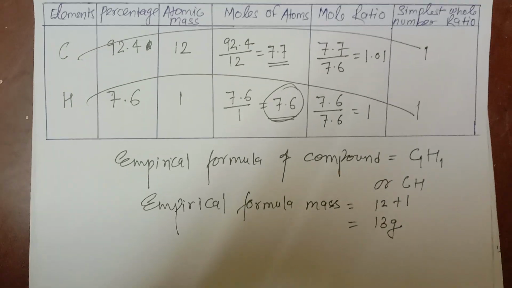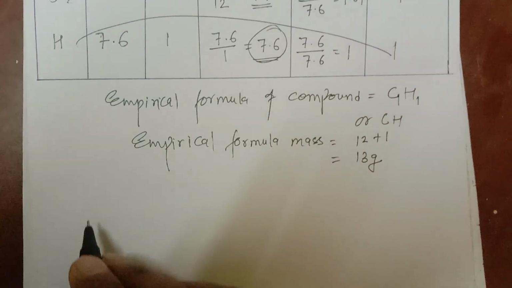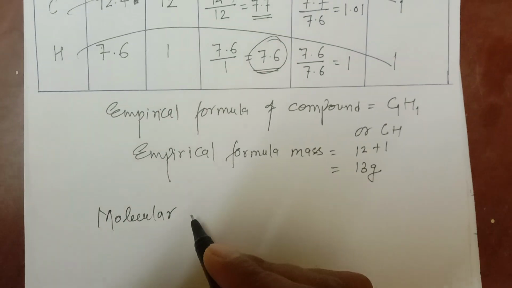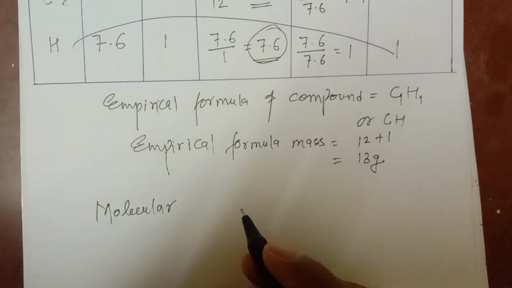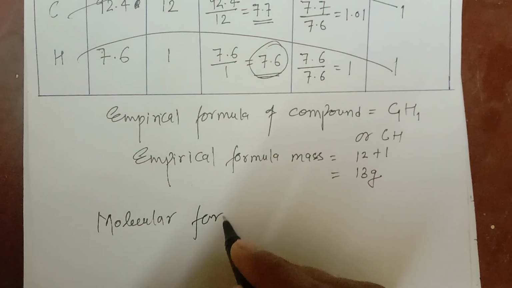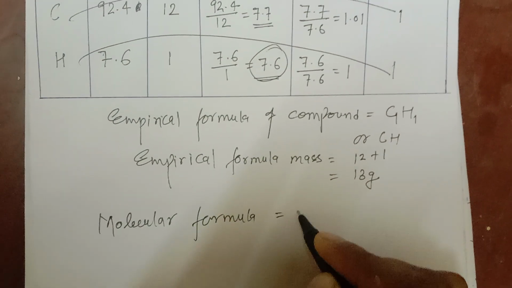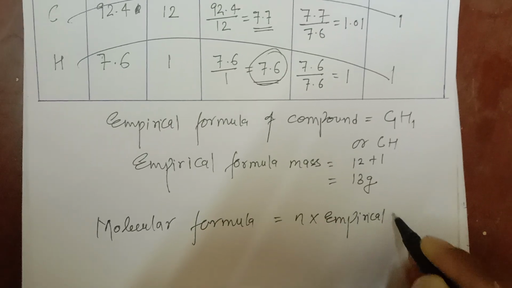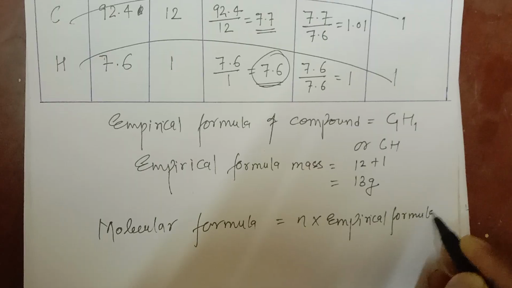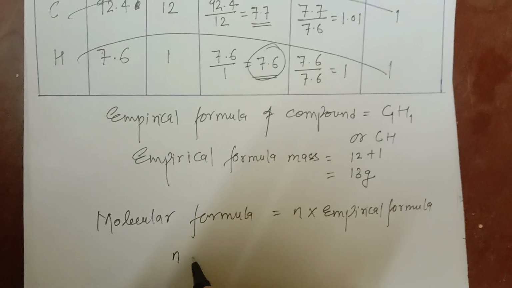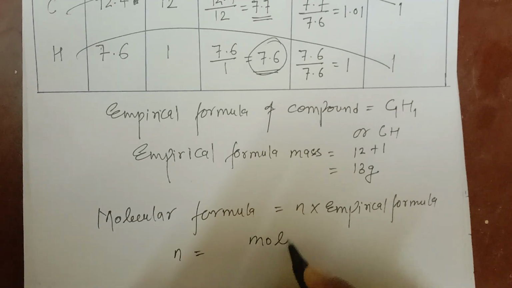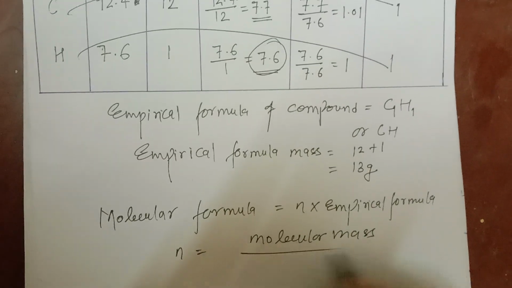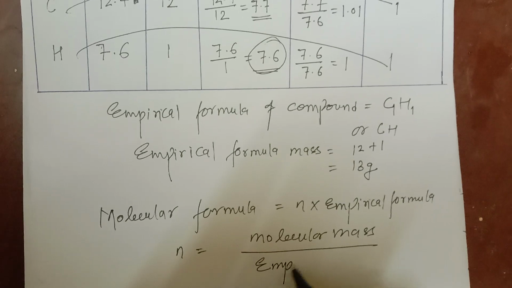Now for finding the molecular formula, molecular formula equals n into empirical formula. How do you find n? n equals molecular mass upon empirical formula mass.